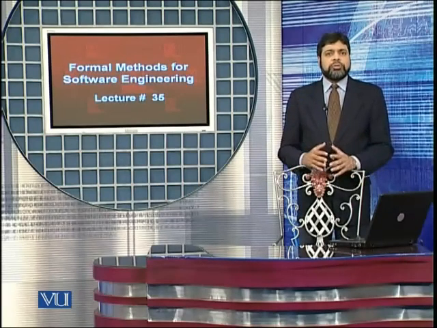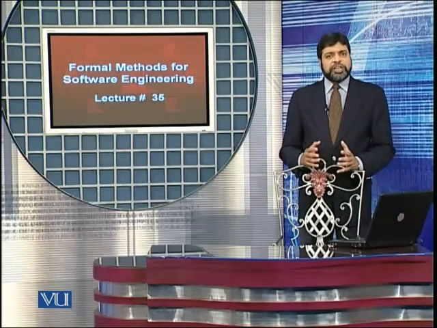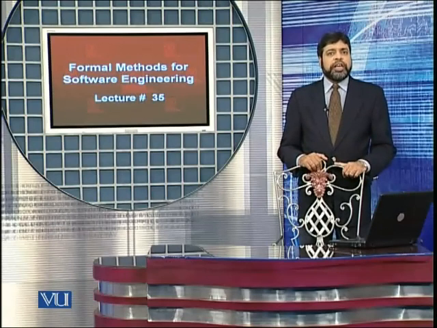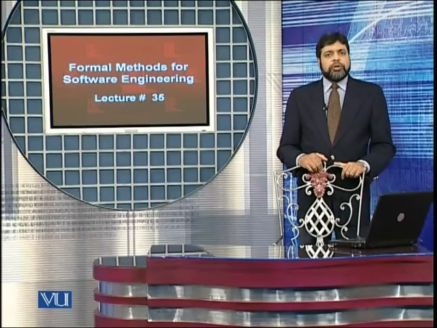And we saw that the basic unit of specification in Z is what is known as schema. In a schema, we have the schema name, and then there are two parts of the Z schema. The first part is known as the signature.